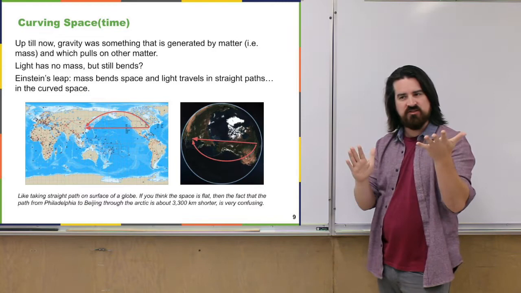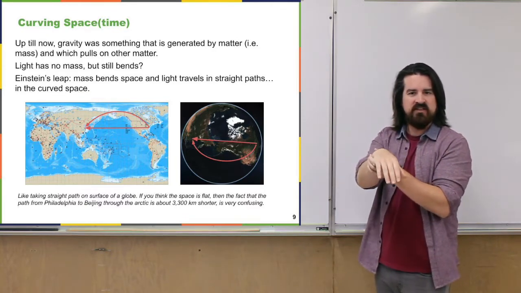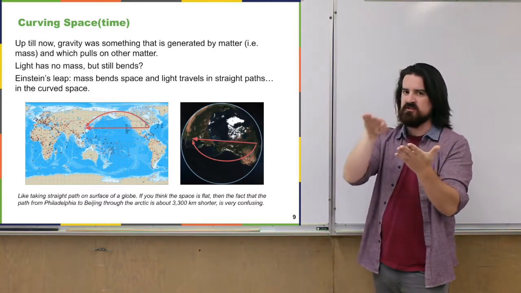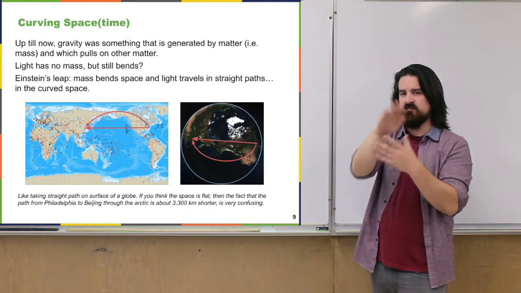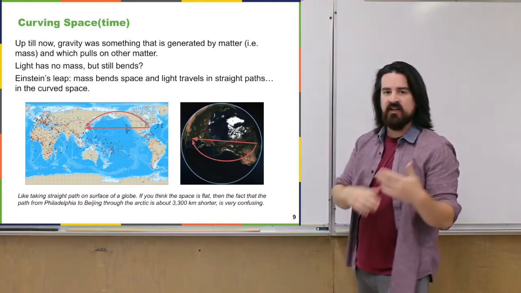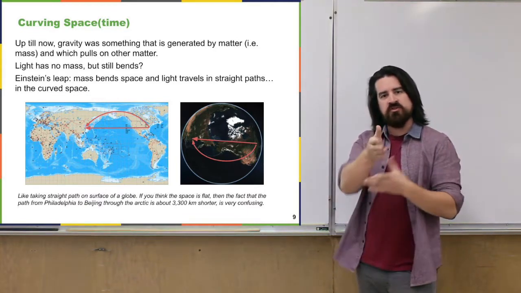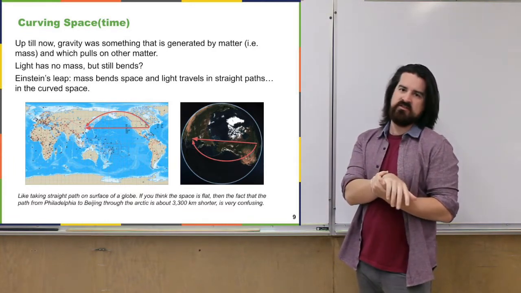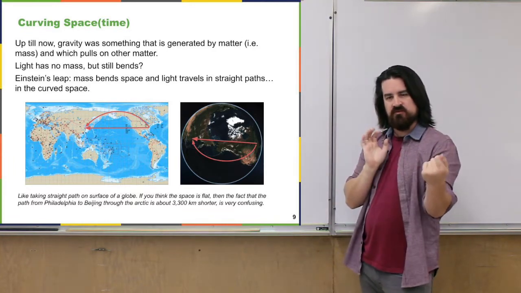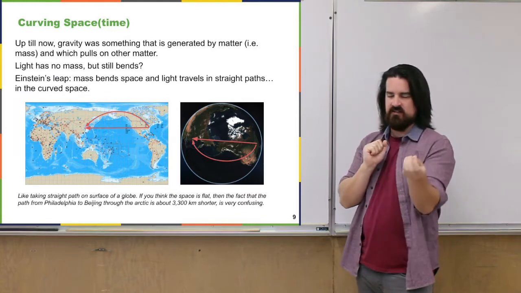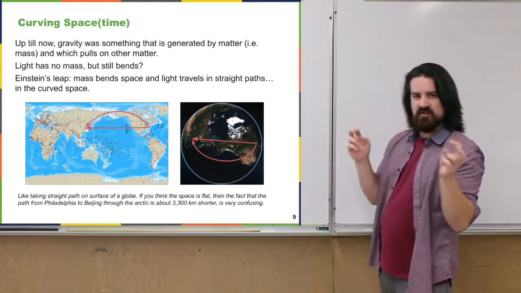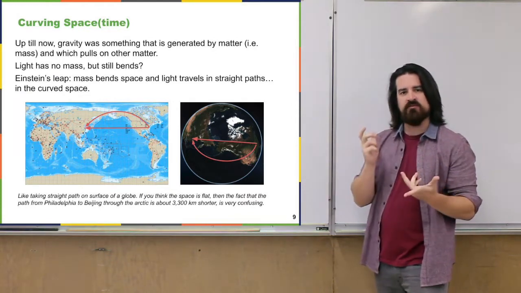Because if the space is curved, then there's not really a straight path anymore. There's a path that doesn't alter its direction as it goes forward, right? That's what we can consider straight. And in that space, that will still be the shortest path between 2 places, the shortest distance between the beginning and the end.